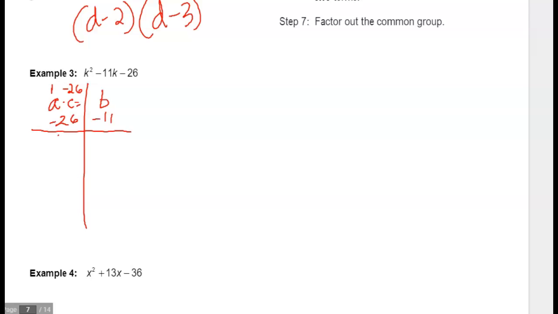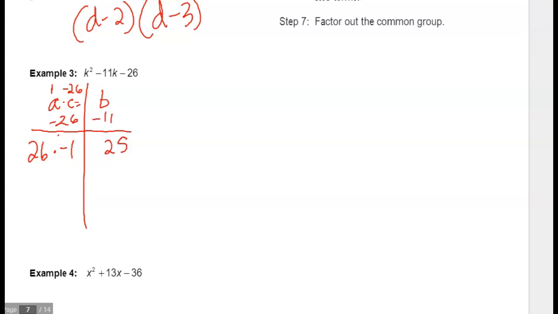So now I need to go through and start finding things that add. And what we'll see here, since this is negative, you have to have one positive and one negative. So I could do something like 26 times negative 1. And I would add those together to get 25. But I don't expect you to necessarily list out every single factor. But we go down to our next factor.